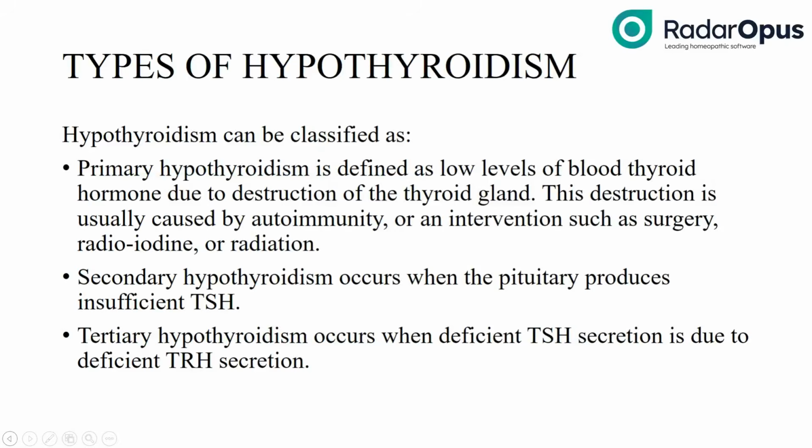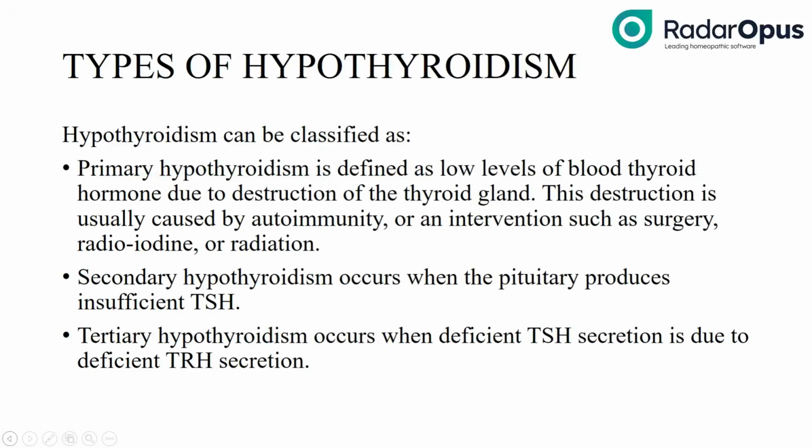Now, coming to the secondary hypothyroidism, secondary hypothyroidism occurs when the pituitary produces insufficient TSH. That is, the defect lies in the pituitary gland and the gland is unable to produce a sufficient amount of thyroid stimulating hormone. And now the tertiary hypothyroidism.